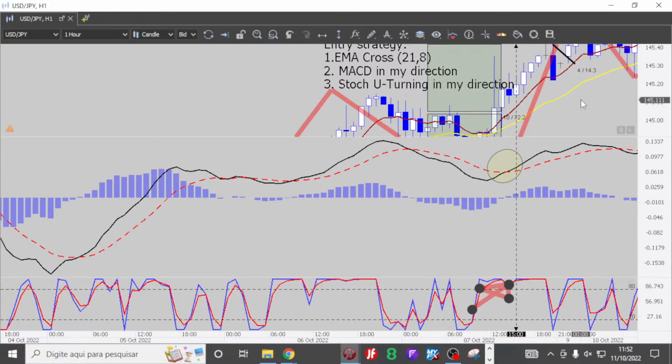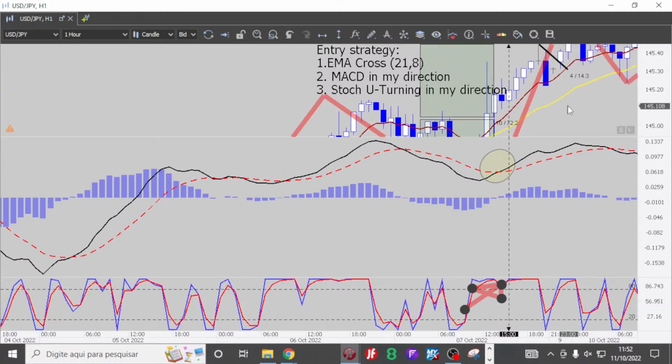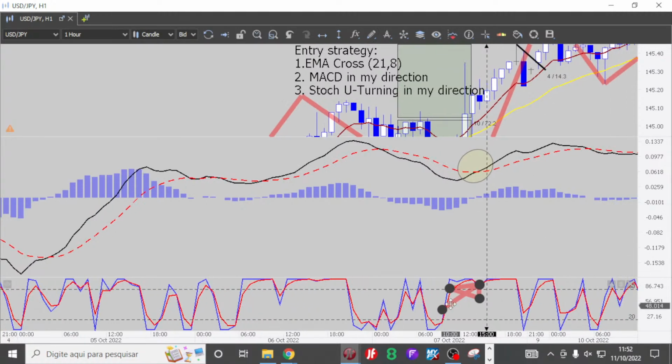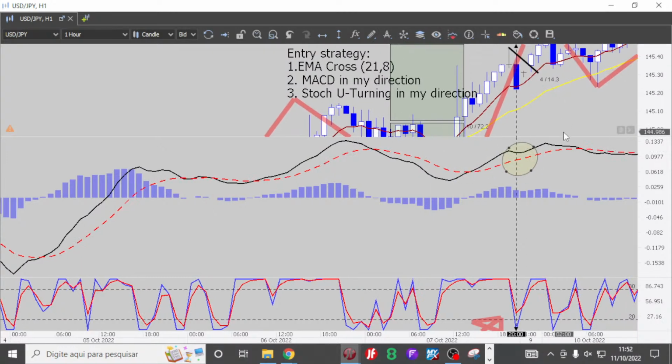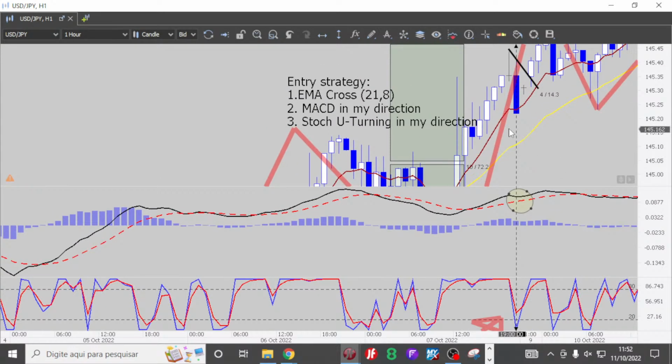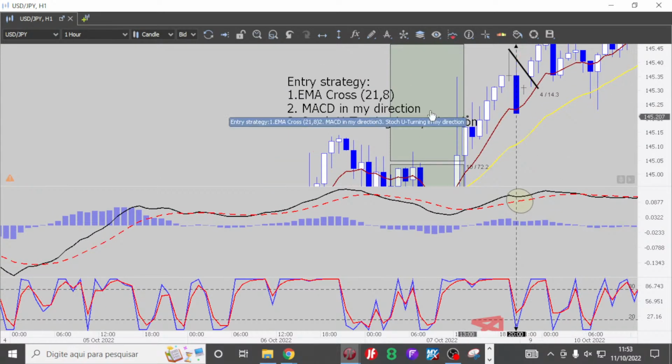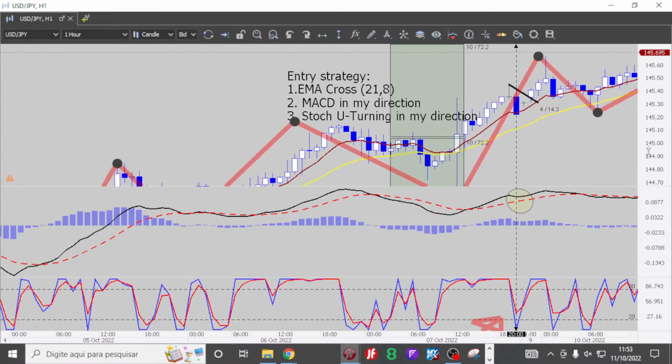So this system trader would wait and wait and wait, and in the strategy, we're talking about the strategy, he or she would enter in here. Okay, depending on how you use the stochastic, down in here we would see the stochastic is in the buy zone. Okay, MACD is in the direction of the trade, and the EMA cross is still in the direction of the trade. Make sense?